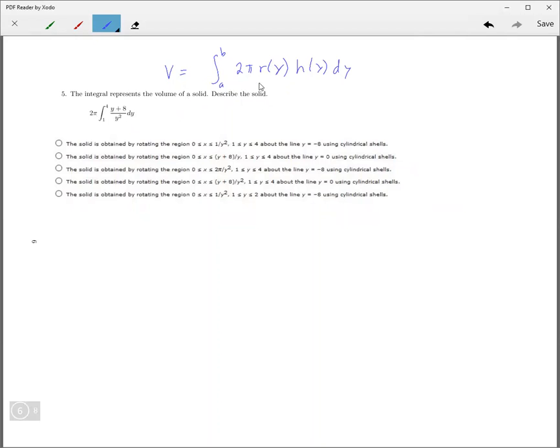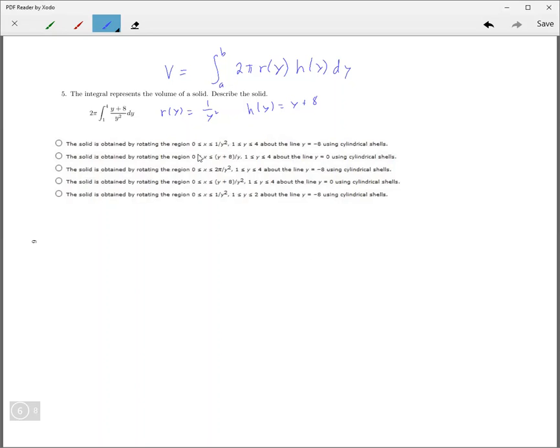Okay, so I guess the easiest way to split this up into a product is have one of the terms be 1 over y squared and the other one be y plus 8. So one possibility could be that r of y is 1 over y squared. That's weird. And then h of y could be y plus 8. Maybe.